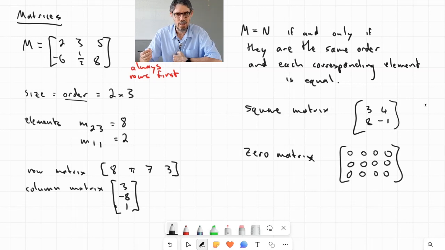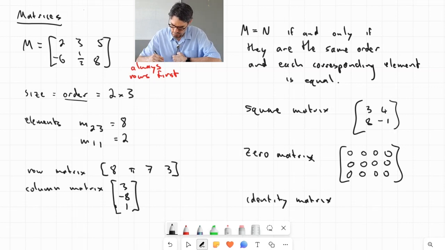Finally, we are going to talk about identity matrices. An identity matrix fulfills the matrix role of 1 in algebra. So an identity matrix is a square matrix that has 1s down the diagonal and 0s everywhere else.